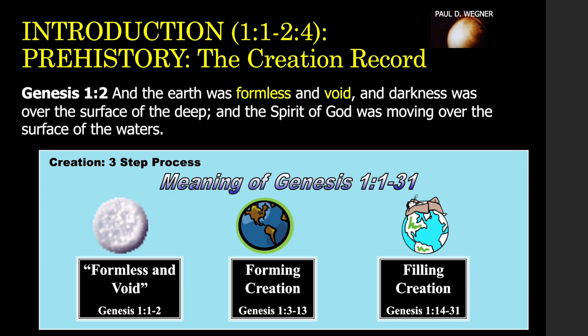What's going to happen is it tells us that it's formless and void in verses 1 and 2. Then it starts forming creation, so it takes care of the formlessness. And then verse 14, it starts talking about filling them, so it takes care of the voidness. I think that structure is really interesting.